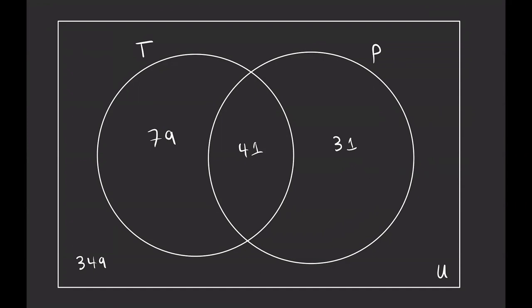Really, in this scenario where we only have a two circle Venn diagram, it was pretty straightforward. We were given 79 and 31 in the problem. We did that little algebra to find the number of people that have both a tattoo and a piercing. So that number just goes right in the intersection. And then what's left over just goes outside the Venn diagram, and we keep it in the universe of people that were surveyed.